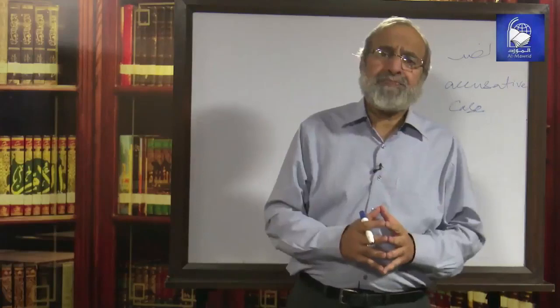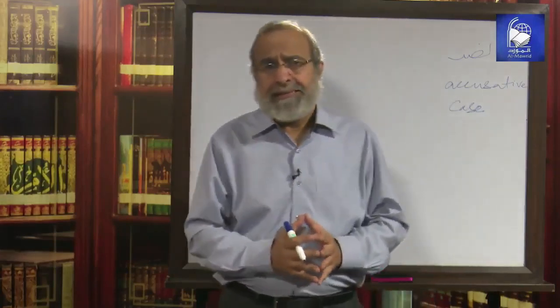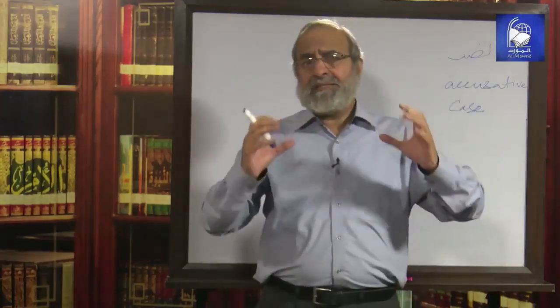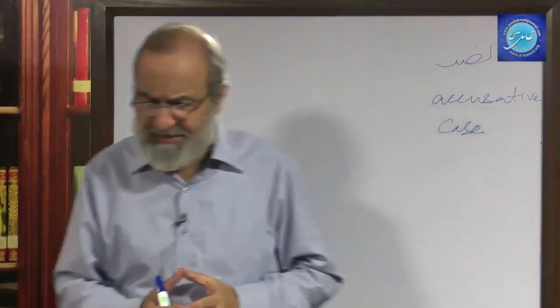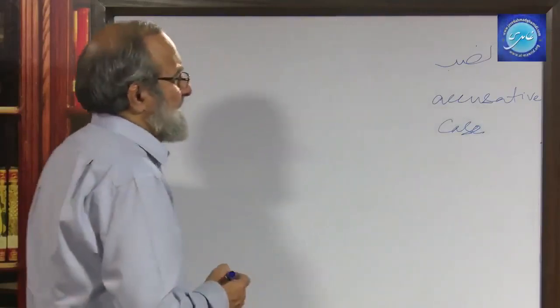You've already done it. Now we are going to start talking about the different reasons why, when a noun appears in a sentence, it takes the Arabic form of Nasab, the accusative case.